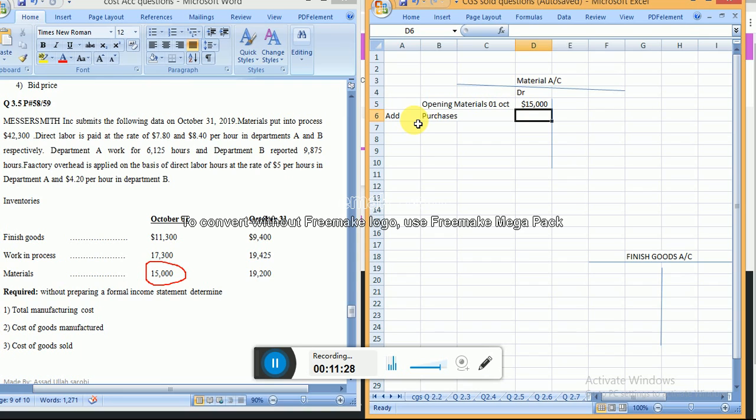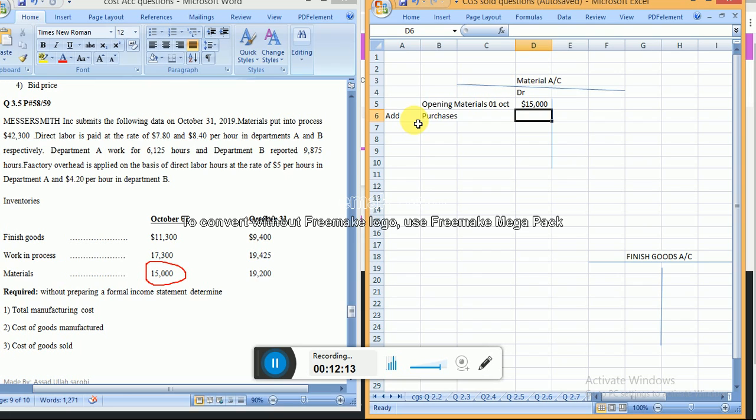In the question, material put into process is given. Material put into process means that materials are issued from store to process. So when we issue the materials, the general entry is that material account will be credited and work in process will be debited. When we purchase material, material account is debited, cash or payables account is credited. Now when materials come to the store, from store we issue the material, requisition of materials for the process.